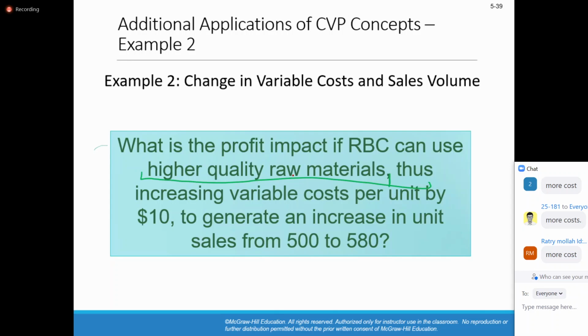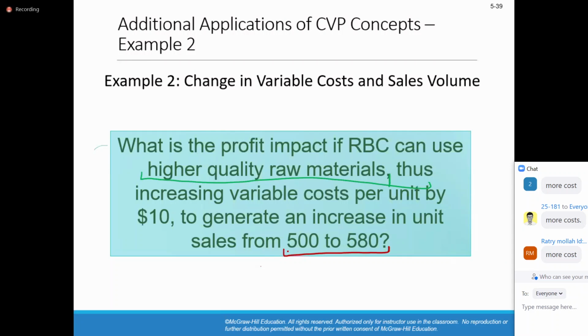So what is our purpose for using higher quality raw materials? It is not our purpose to increase variable cost. Our holistic purpose is that we have realized that if we do this, our sales will go up from 500 to 580 units.